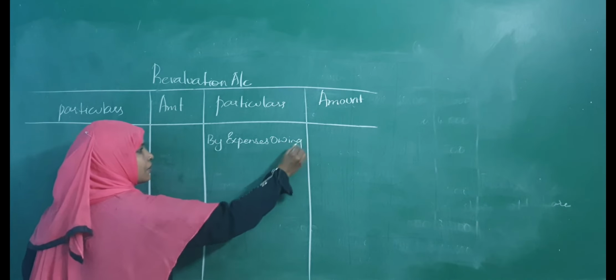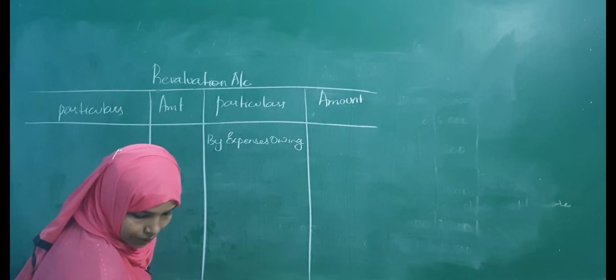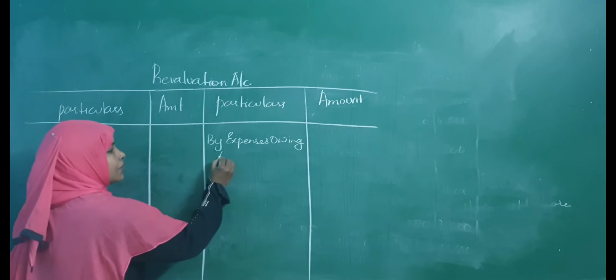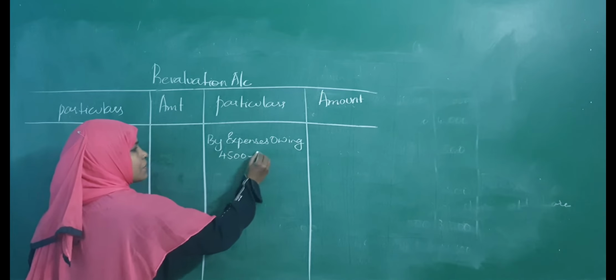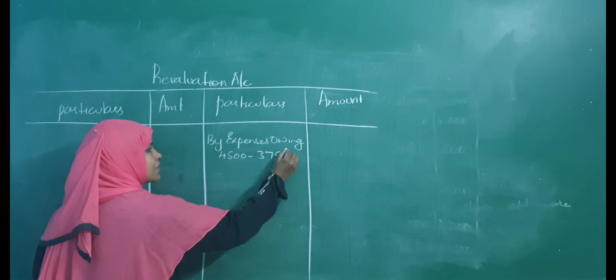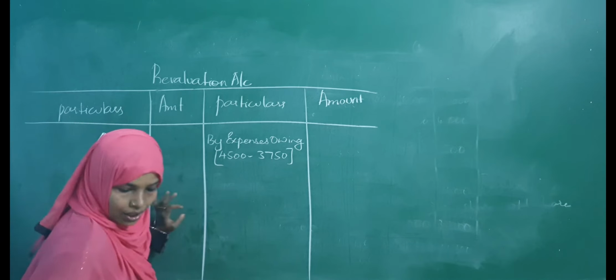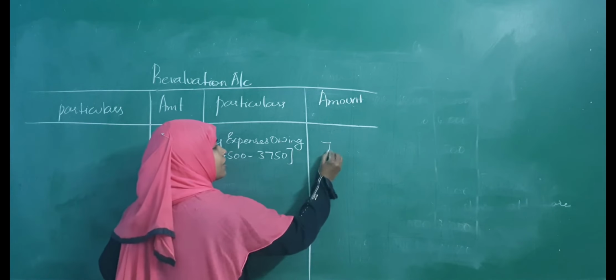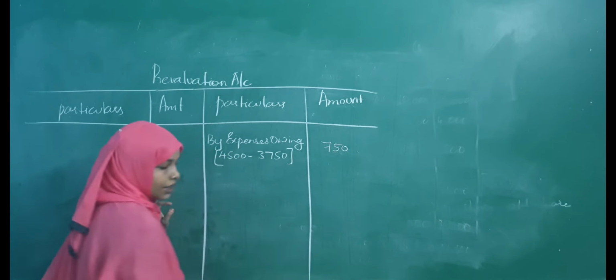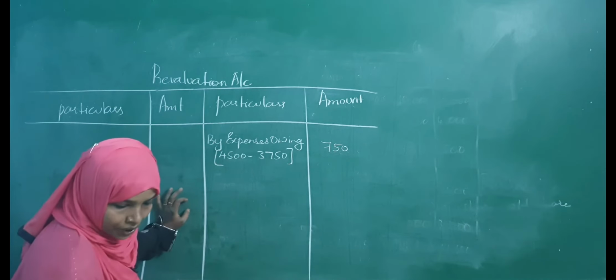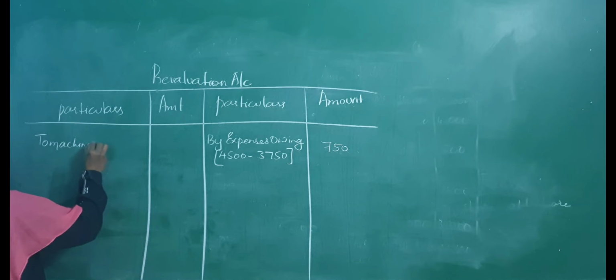owing. Okay, how much they have given in the balance sheet? They have given 4,500. In the adjustment they have given 3,750. Okay, so it has reduced to 750. Next, machinery and loose tools depreciated to machinery account.